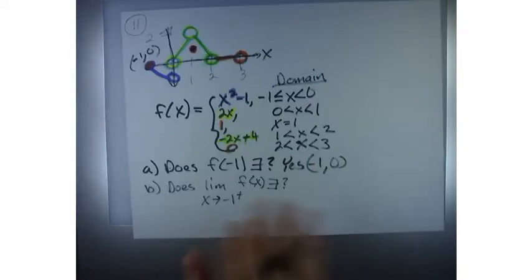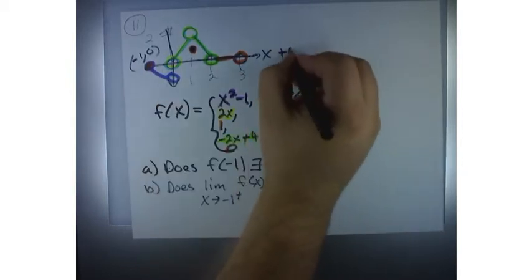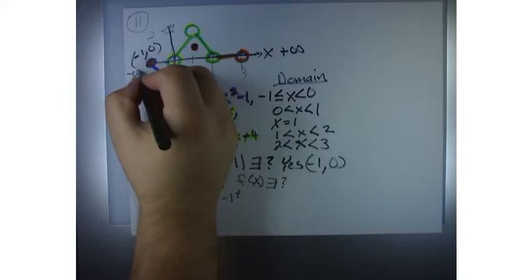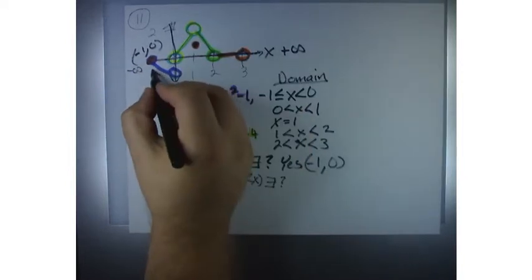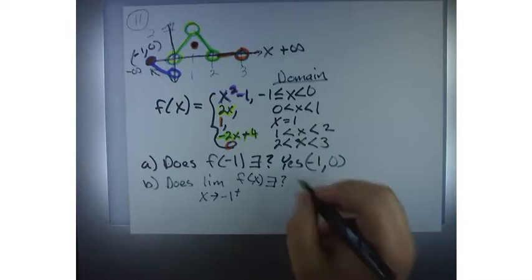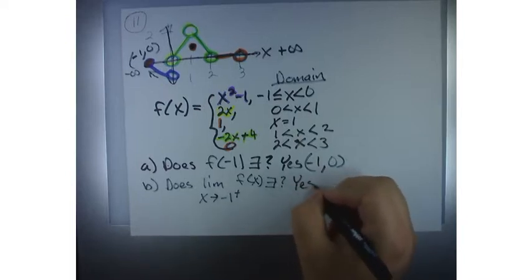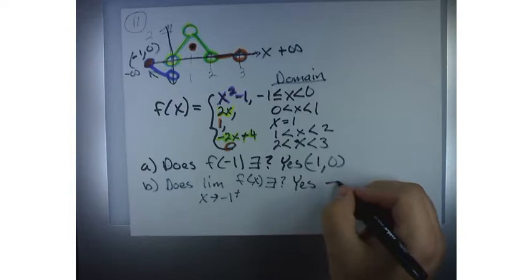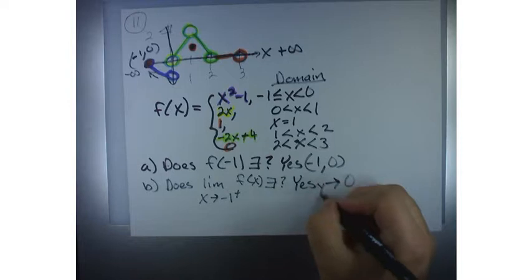So what I'm going to do is approach negative 1 from positive infinity. This is positive infinity, this is negative infinity. So I'm going to approach it coming from the right-hand side. Does it have a one-sided limit? Yes. It approaches 0. Y approaches 0.